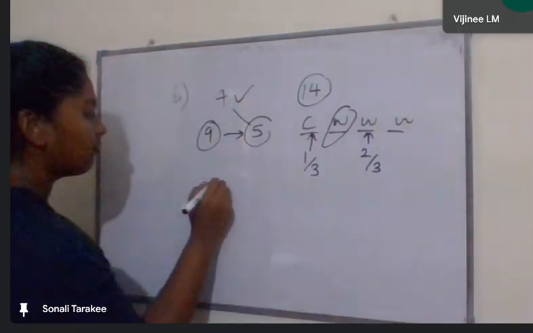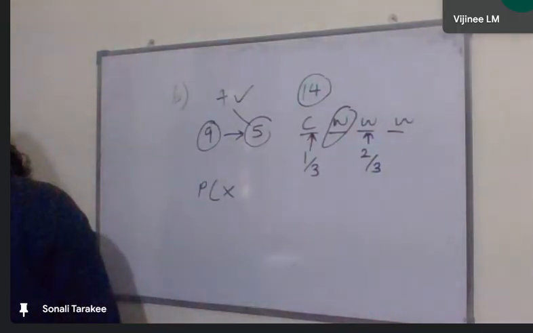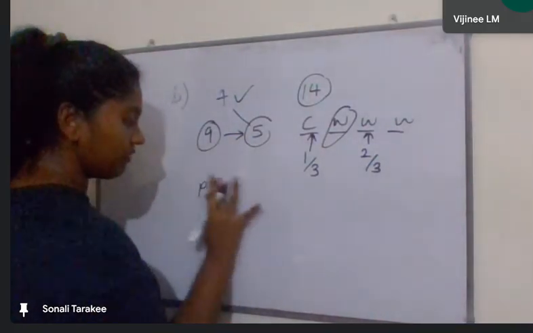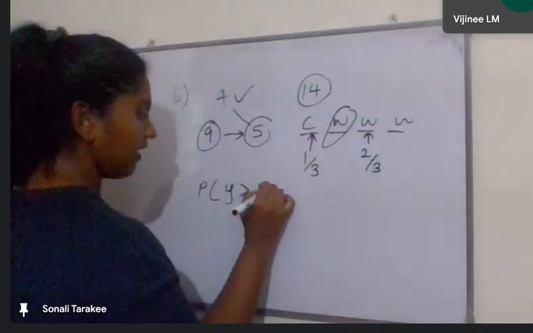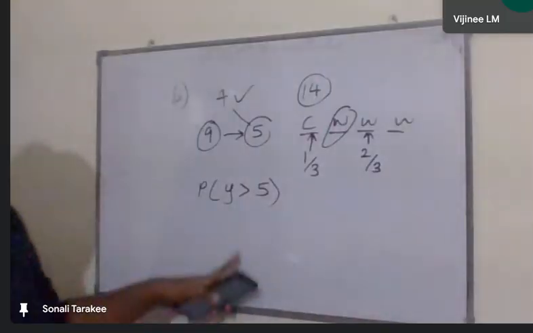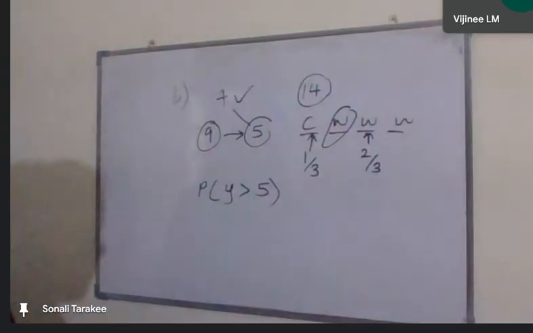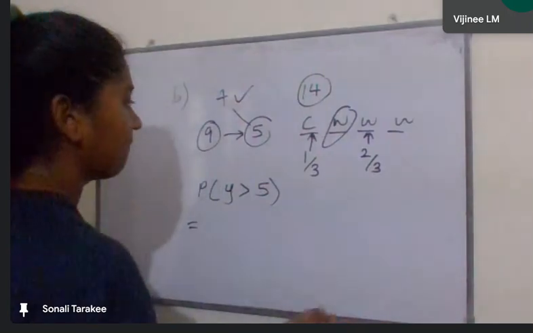So we have to find the probability of, this shouldn't be x, we'll use y, greater than 5, because this is a different distribution. Same distribution, binomial, but a different case scenario. So P(y greater than 5).